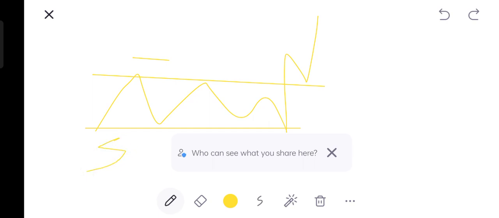Support, like I said, is when the price can't break lower, and resistance is where the price can't break higher. But eventually it breaks due to momentum. Maybe there are more buyers or more sellers. When it breaks to the upside like this, it's a buying market. Now the market is being taken over by buyers.